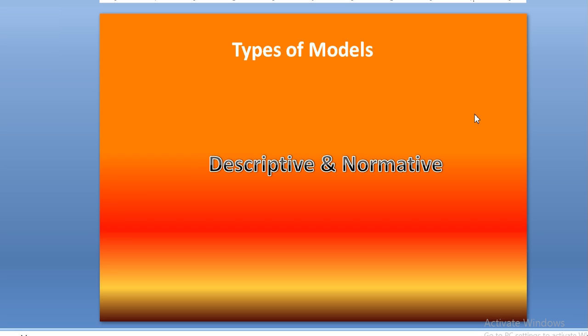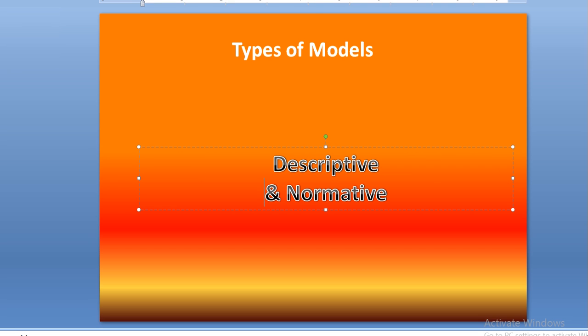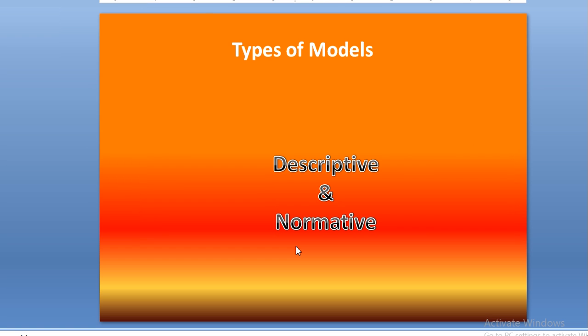One division is between the descriptive and the normative. The descriptive model is concerned with some stylized description of reality, whereas the normative model deals with what might be expected to occur under certain stated or assumed conditions.